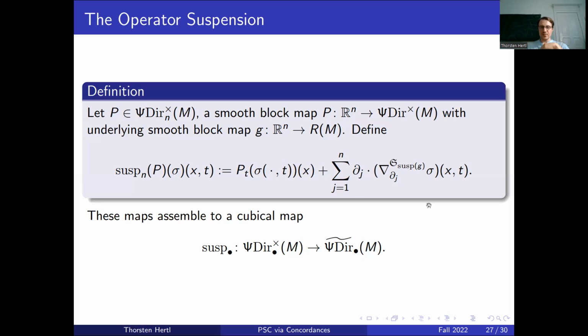And this is the precise formula here. I wrote it down for completeness. And again, you can actually show that this suspension map commutes with the connecting maps. So it's a cubical map. And the same problem as for PSC metrics again occurs here. The problem is that the operator-theoretic suspension map does not have the right target.